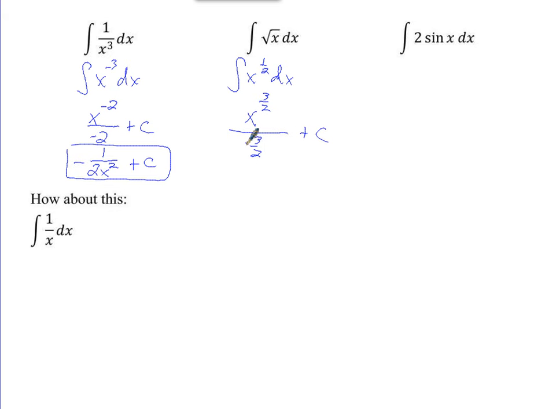So with this composite fraction here, the denominator becomes multiplication of 2/3. So we wind up with 2/3 x to the 3/2 plus c. In other words, and you're going to do a lot of these types of problems, the constant out front, the coefficient on that term, becomes the reciprocal of this guy. So it becomes 2/3 x to the 3/2 plus c. That's going to happen a lot.